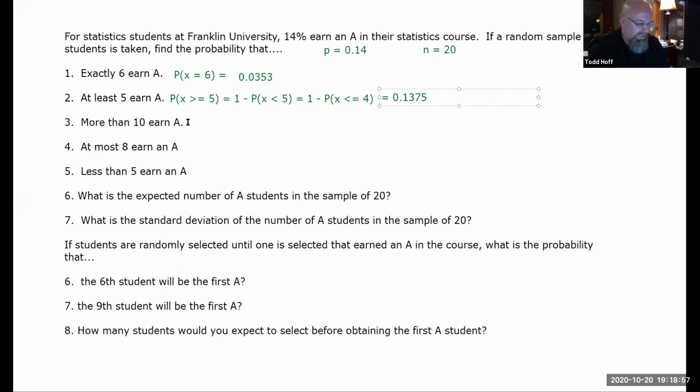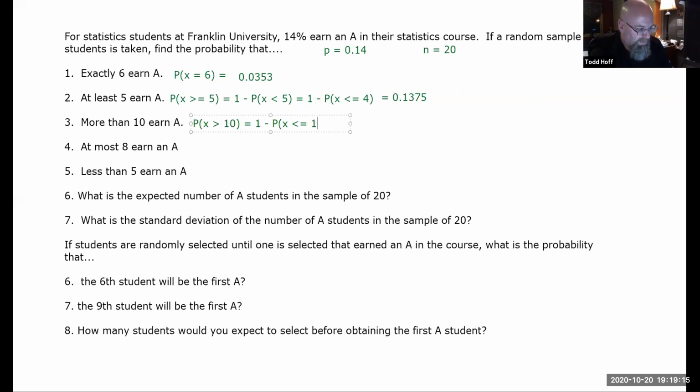So that's probability of at least 5 or more. More than 10. So that does not include the 10. That's just greater than 10. So that's going to be the complement of 10. So the complement of more than 10 will be 1 minus less than or equal to 10.